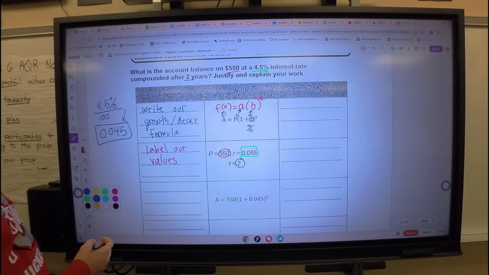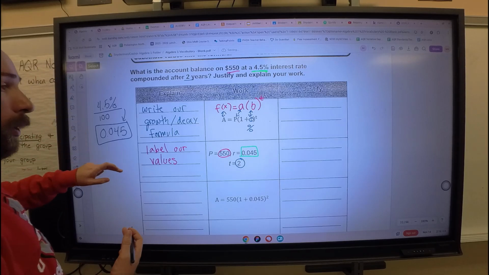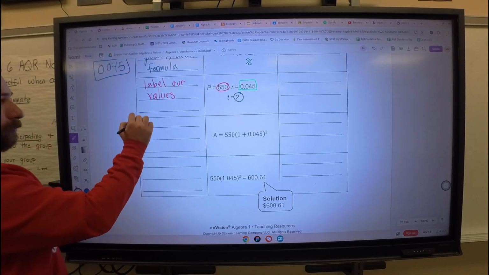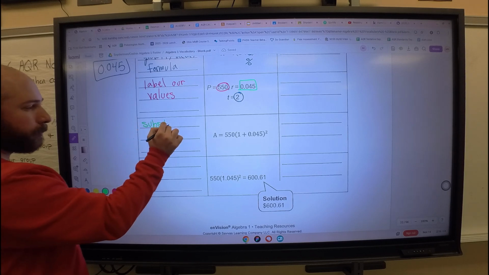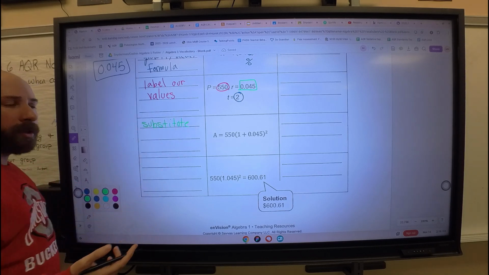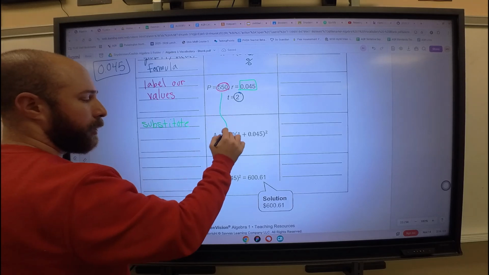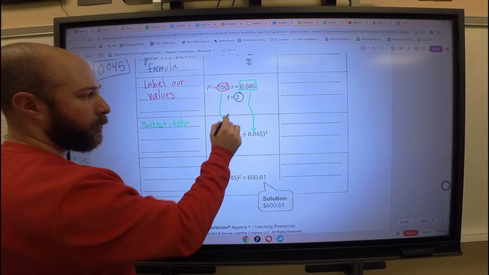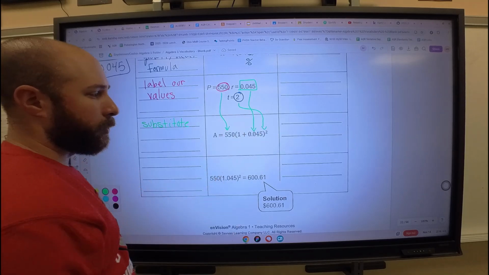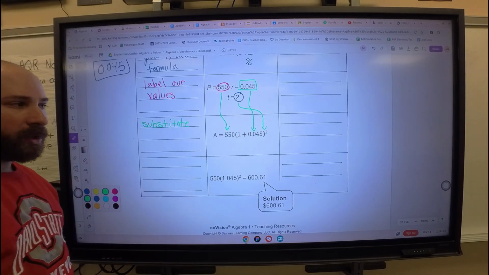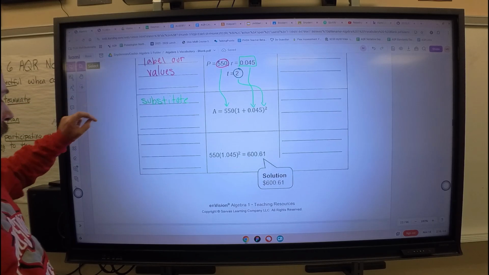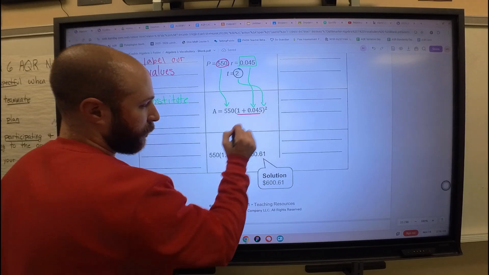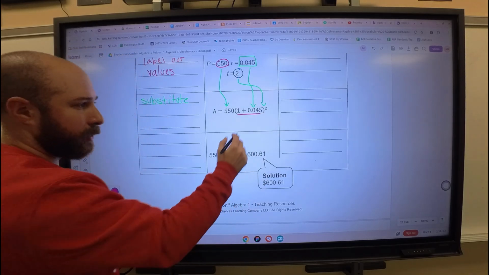Once we have those values, and we know which variables they go into, we just substitute. We're going to substitute into the formula. The 550 goes in where P is, the 0.045 goes in where r is, and the 2 goes in where t is. And then at this point, there's really not much for us to do other than simplify the inside of the parentheses.